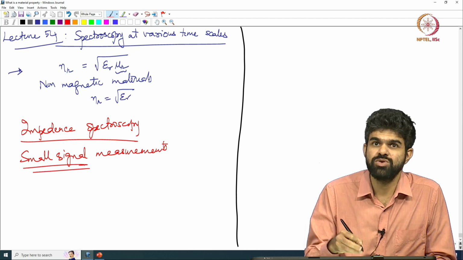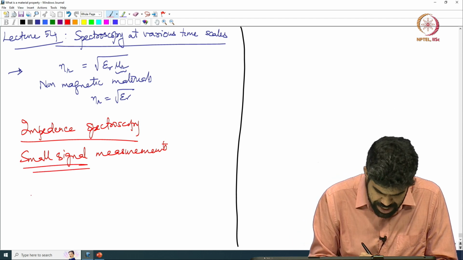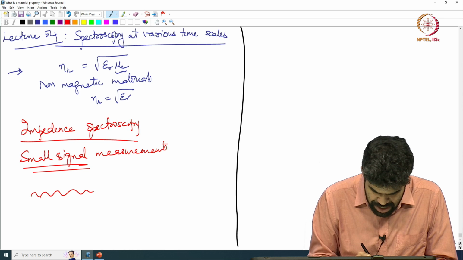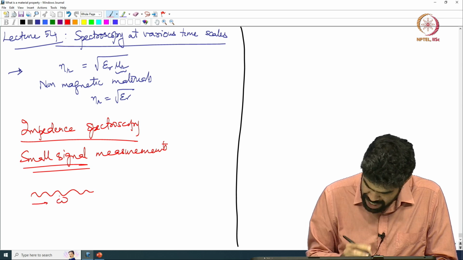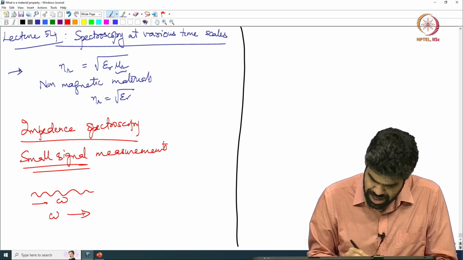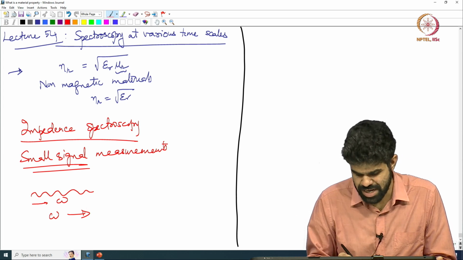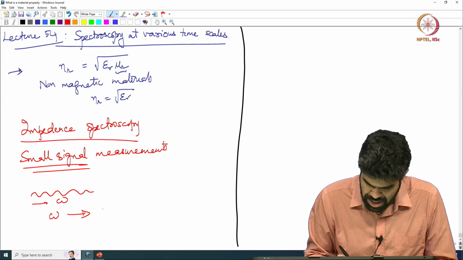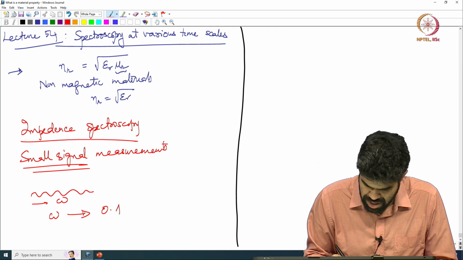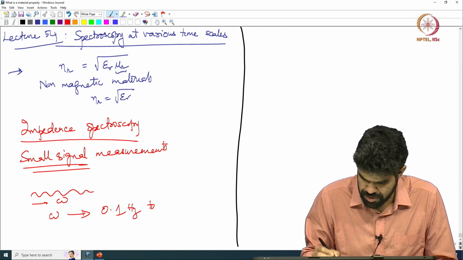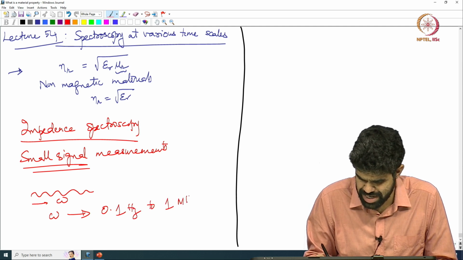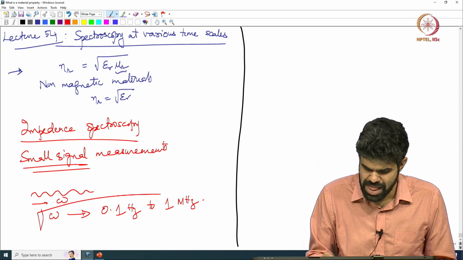I do not worry about the DC input, but the small signal input is at some frequency omega, and this omega can be as low to as high as, let us give it a range, 0.1 hertz to about 1 megahertz. These are the typical lab frequencies.